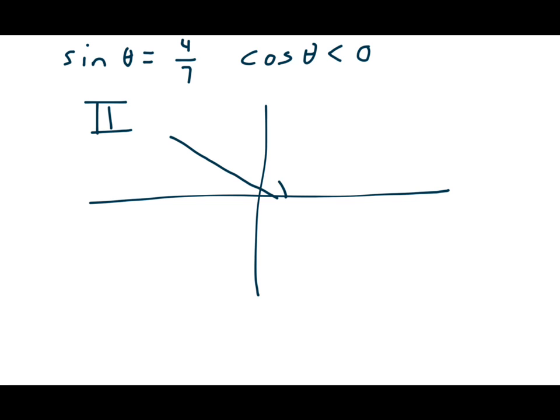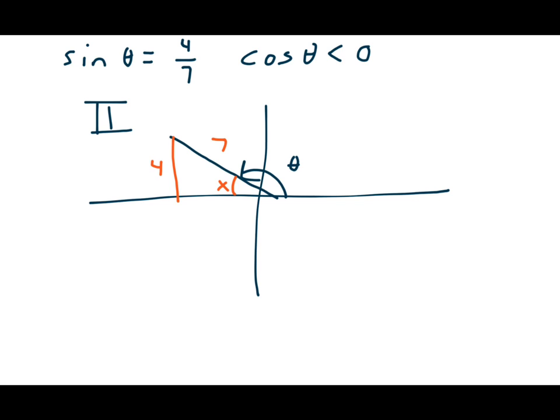So this is theta. But you can really just use this angle here and make this a right triangle. So then, if you think about this being your angle instead of theta being all the way around over, sine, we know sine is opposite over hypotenuse. So this would make this 4, make this 7.